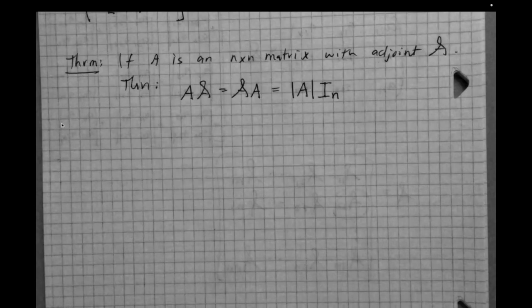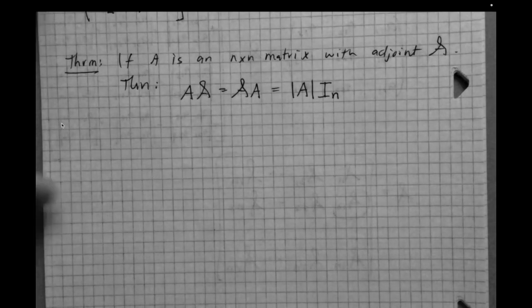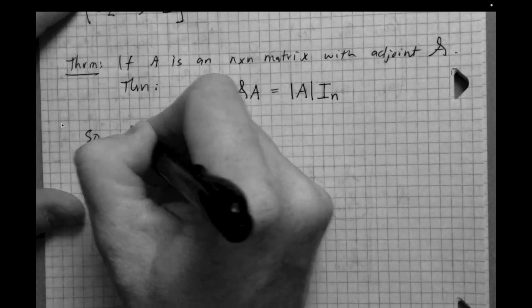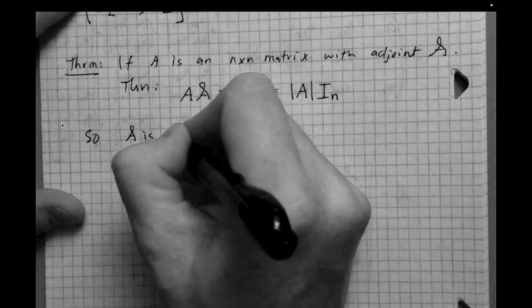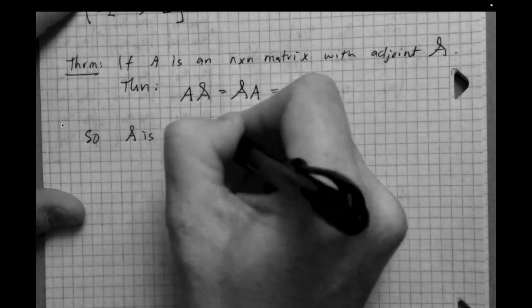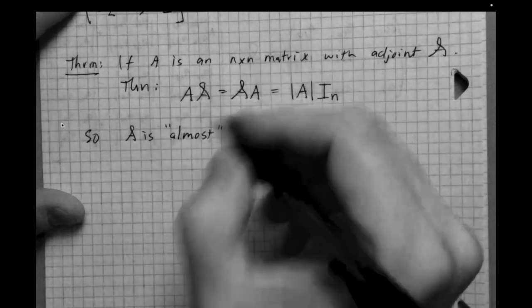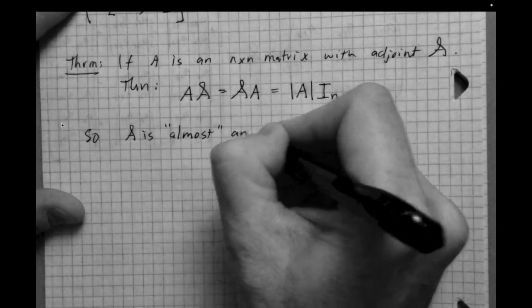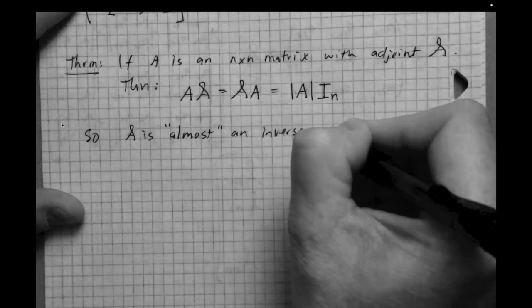That's interesting. If I take a matrix A and I multiply it by its adjoint, it's almost an inverse for A. So the adjoint is almost, kind of think of it like almost, an inverse of A.